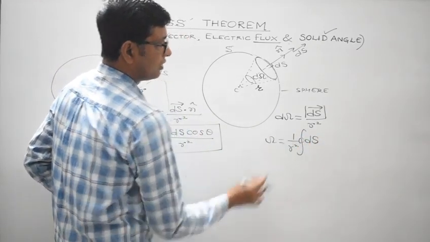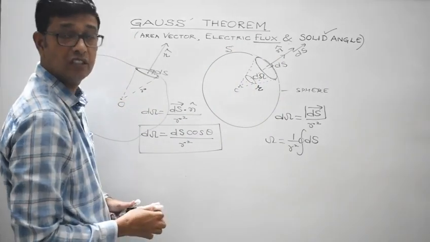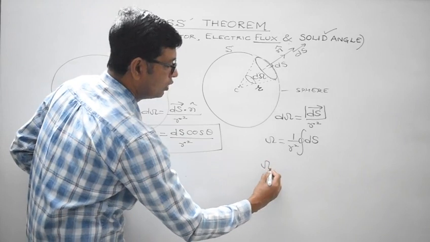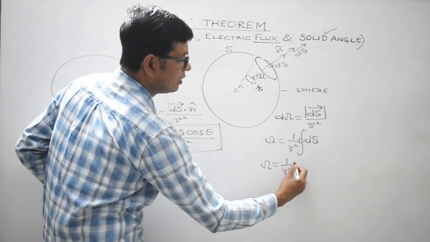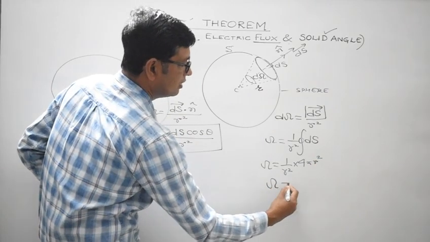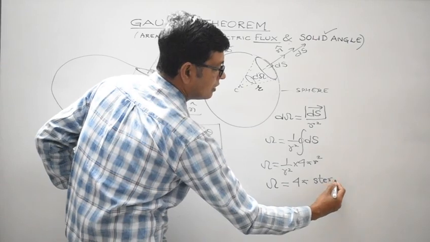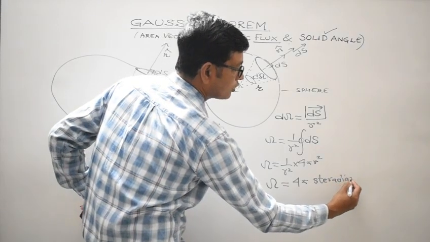Closed surface integral. We are talking about a closed surface. The total surface area of a sphere is 4 pi r squared. So what you get is, the total solid angle is 4 pi steradian. This is the SI unit of solid angle.